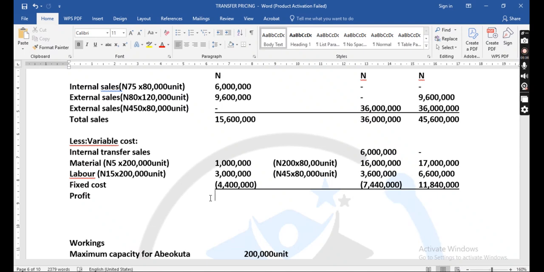Someone should give me a figure. 7.2 million for Abeokuta. Then what is this out of this?